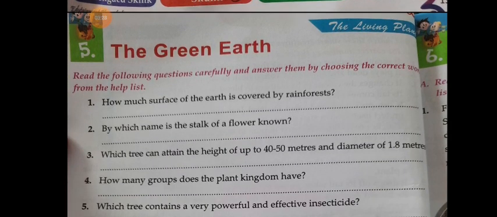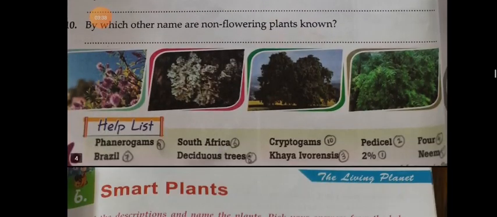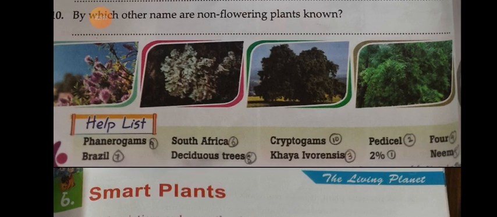Then the green earth. Read the following questions carefully and answer them by choosing the correct words from the help list. How much surface of the earth is covered by the rainforest? Answer is 2%. Second answer is pedicel. Third answer is Khaya ivorensis. Fourth answer is 4.